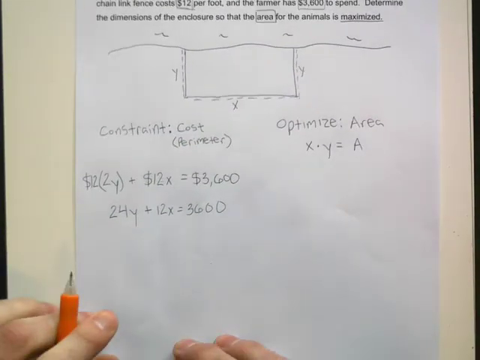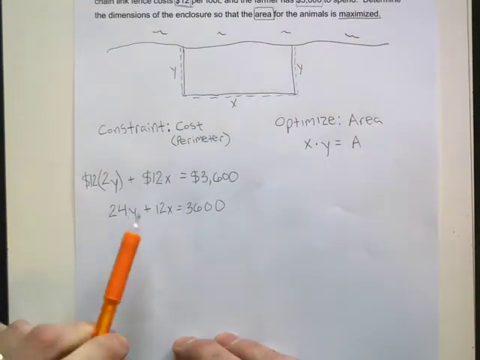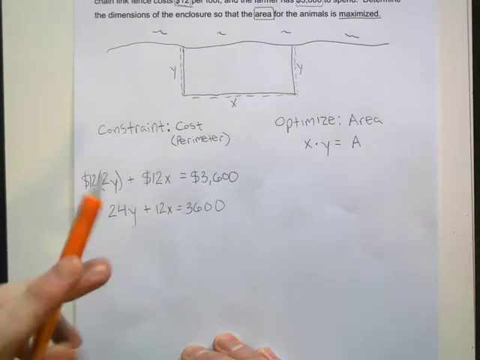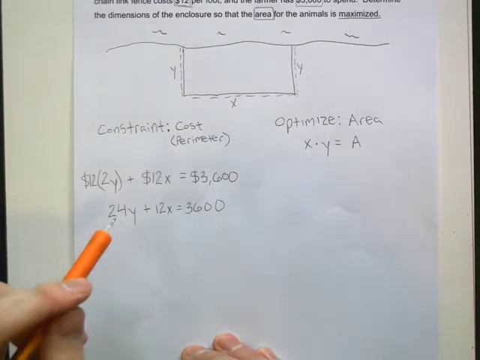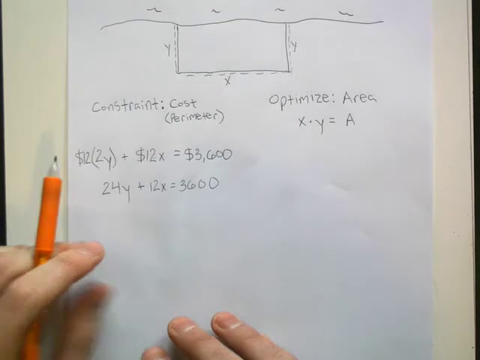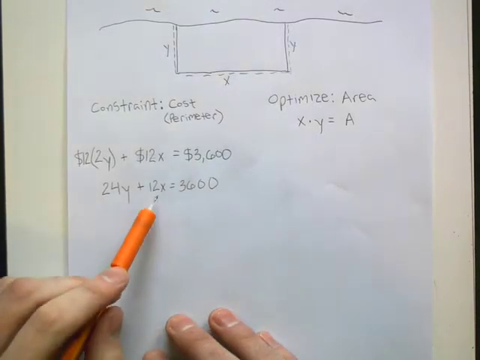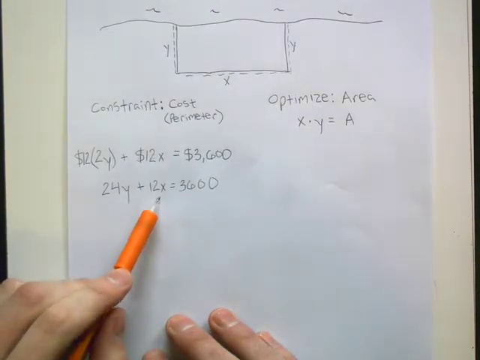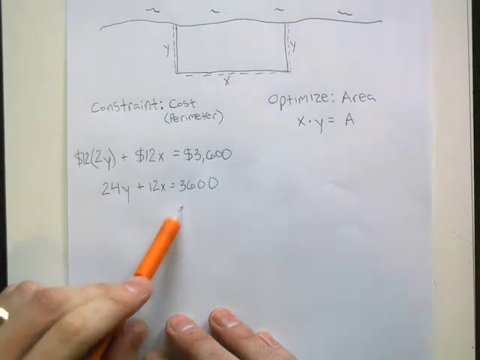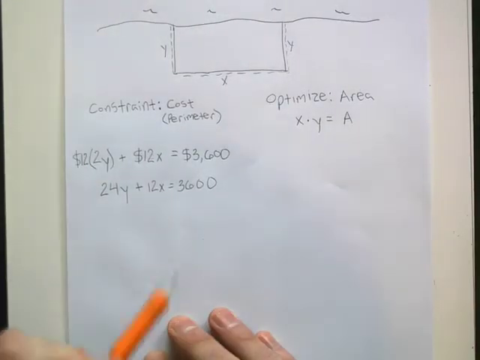Okay. All right, we have 2 equations. We have our constraint, we have our optimization equation. So what we always do with this is we take a variable from our constraint equation, manipulate it, solve for it, and put it back into our optimization equation.